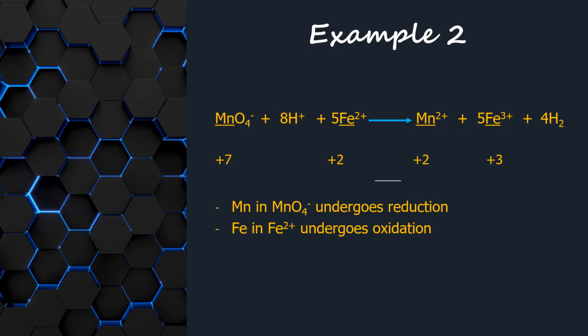Then you have iron 2 plus, which becomes +3, so this involves the oxidation reaction because there is an increase of oxidation number, while manganese is reduced from +7 to +2, so it involves the reduction reaction.